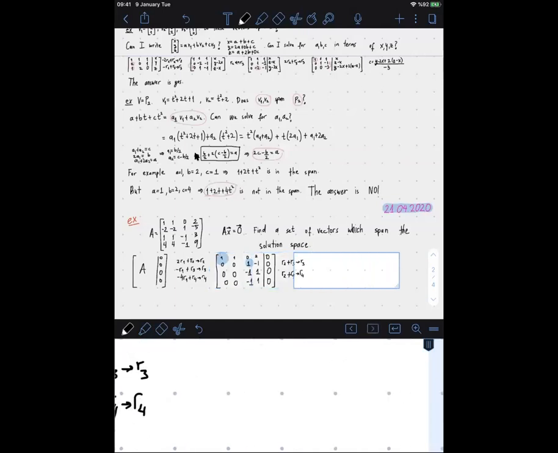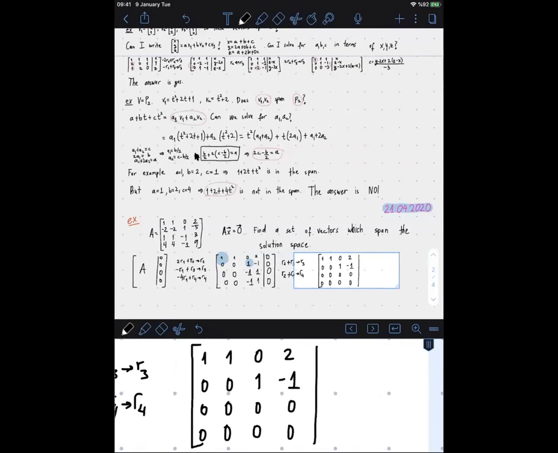If we do this, what do we get? We get 1, 0, 0, 0, 1, 0, 0, 0, 0, 1, 0, 0, 2, -1, 0, 0, and here we have just zeros.